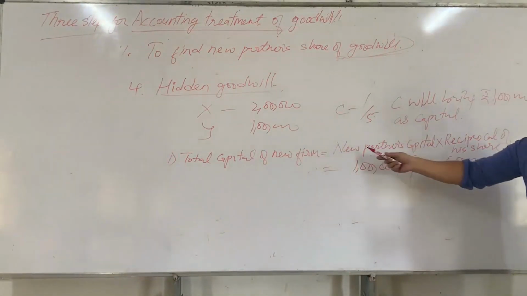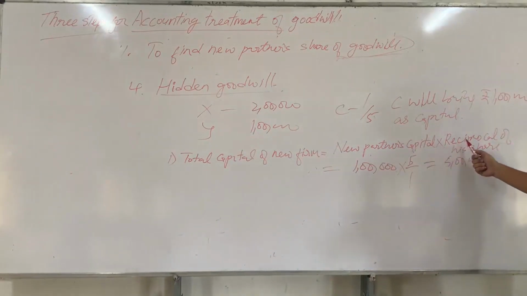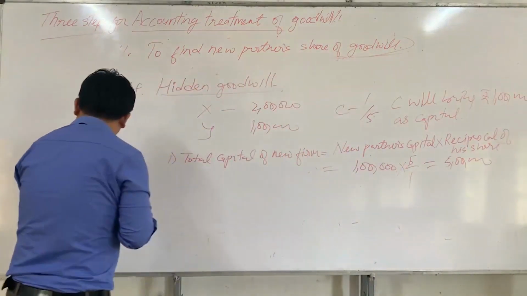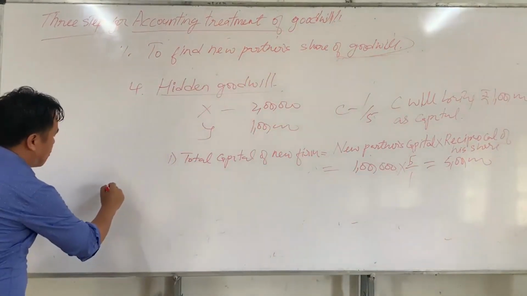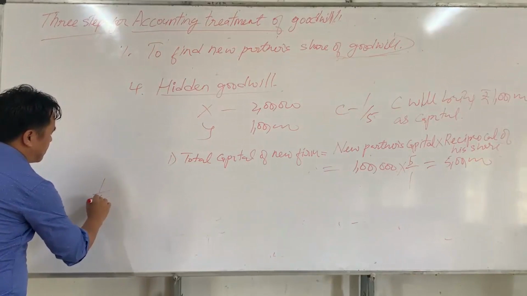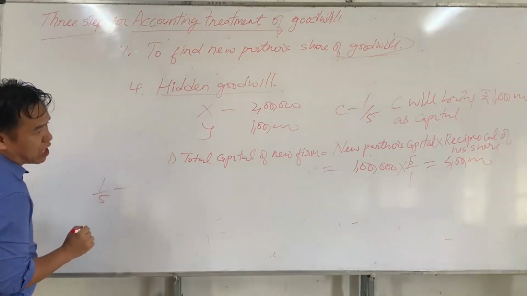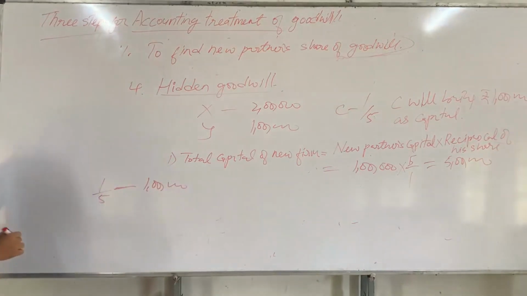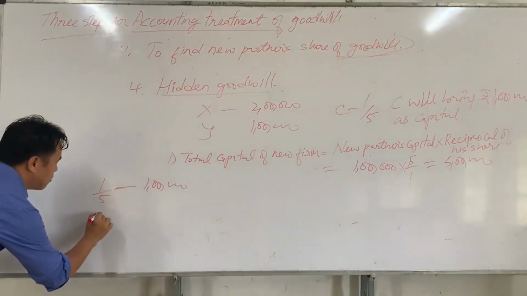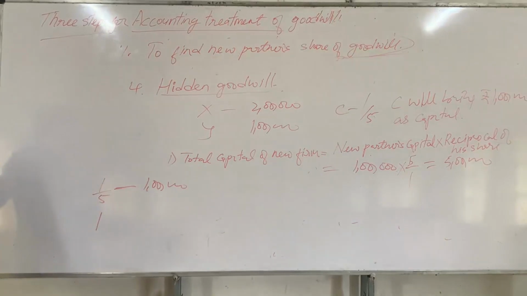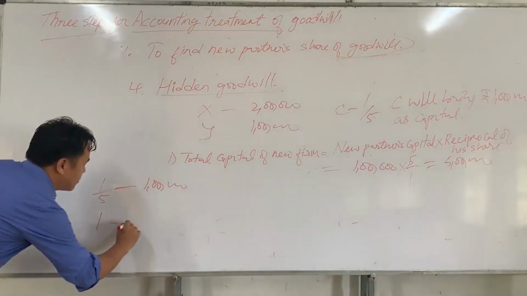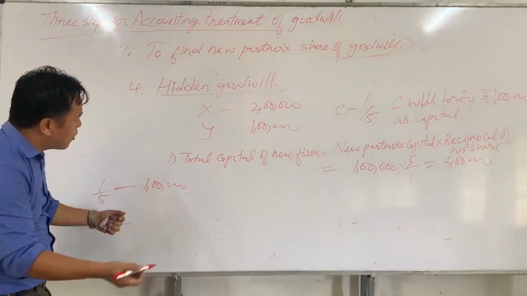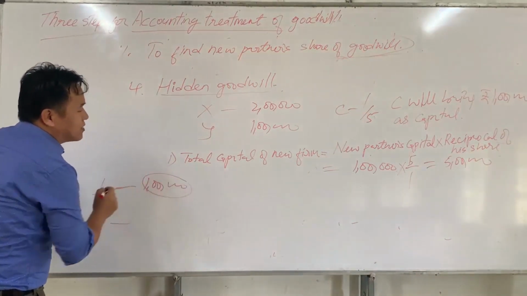Now why do we multiply the new partner's capital by the reciprocal of his share? I'll tell you the reason. For 1/5, C has brought 1 lakh as capital. Let's assume 1 as the firm's share. We have to find the total capital of the new firm on the basis of the new partner's capital.